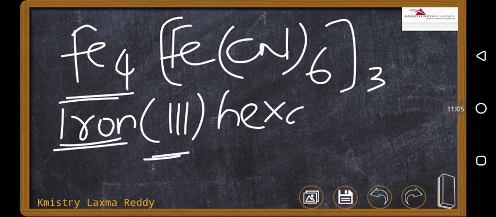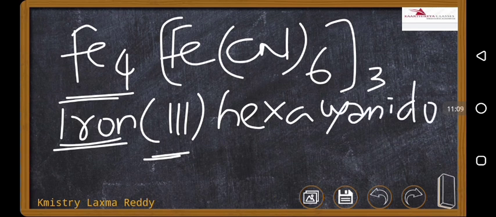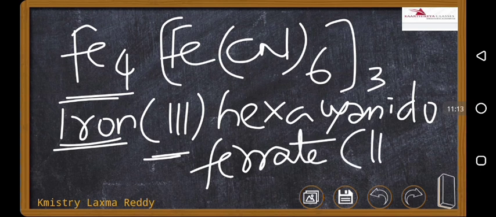Hexacyanido, 6 cyanides are there, ferrate, and the iron oxidation state in the complex is 2. This type of IUPAC name question you can expect in JEE Mains: iron(III) hexacyanidoferrate(II). This is of Prussian blue color, which you are getting as a test of nitrogen.